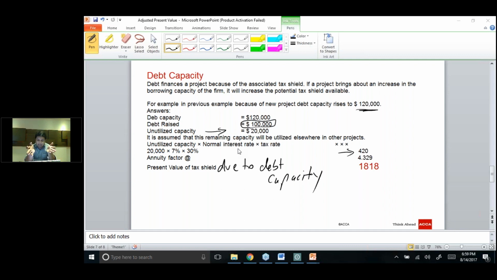Let's suppose, like in our previous example, if total debt capacity is $120,000 and you have borrowed only $100,000, that means unutilized capacity is $20,000. So you have to take tax saving on interest payment on that unutilized capacity.